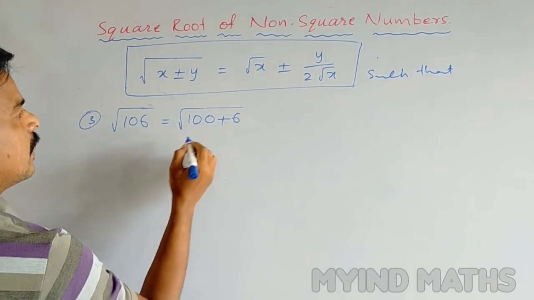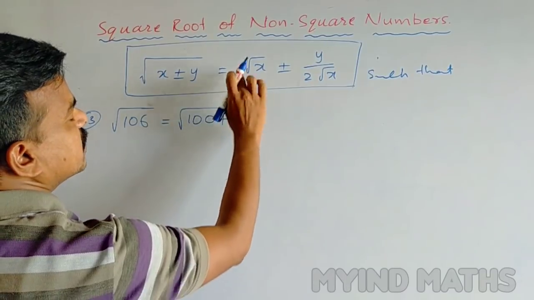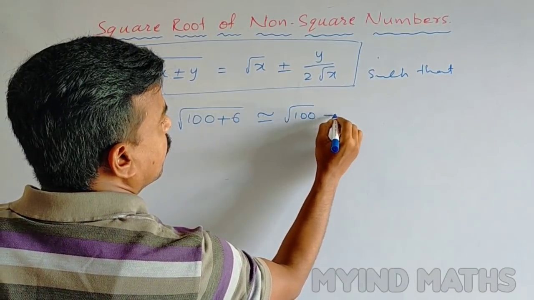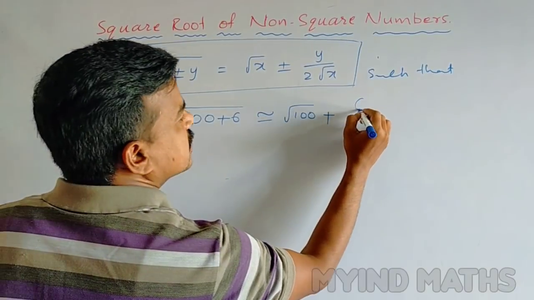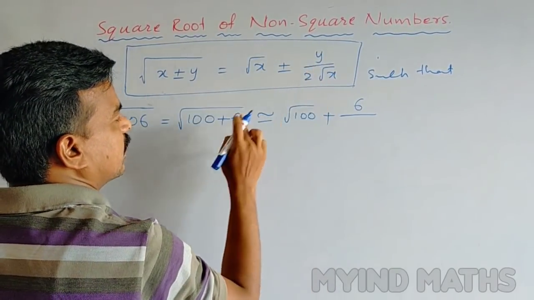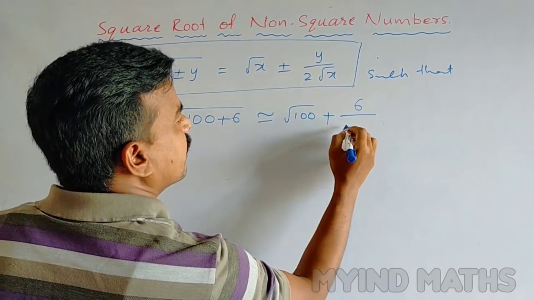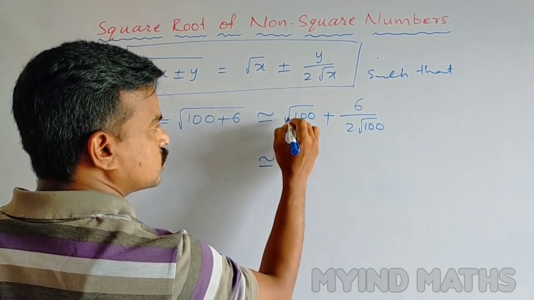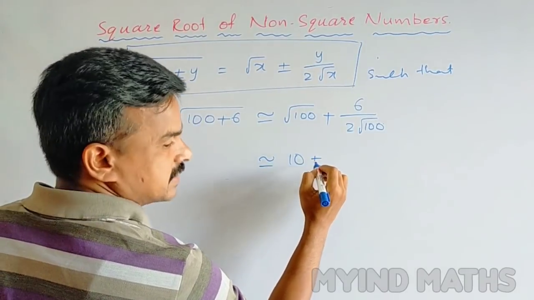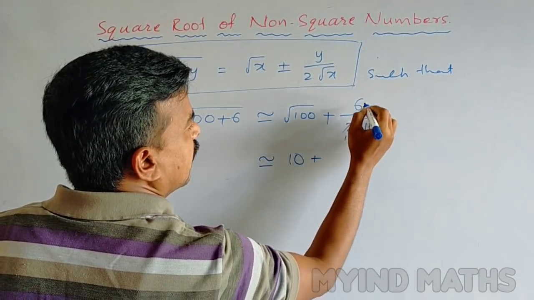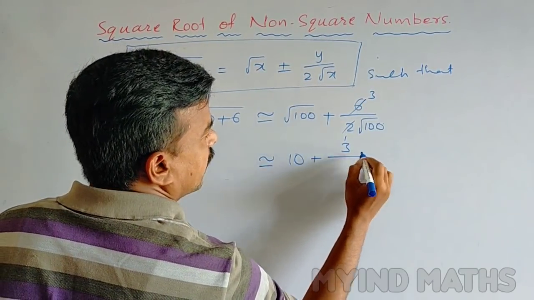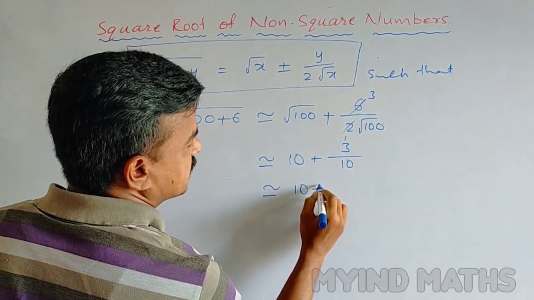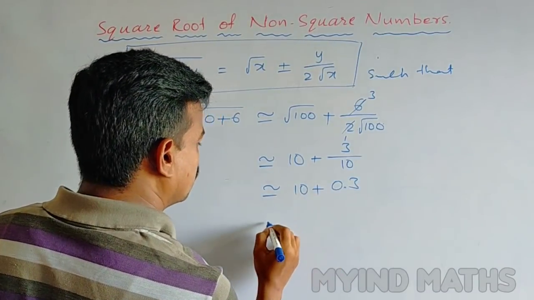Then it is approximately equal to square root of 100 plus 6 by 2 into square root of 100, where y is 6. The square root of 100 is 10, and 6 by 2 into 10: 2 threes are 6, so 3 by 10, which is 0.3.